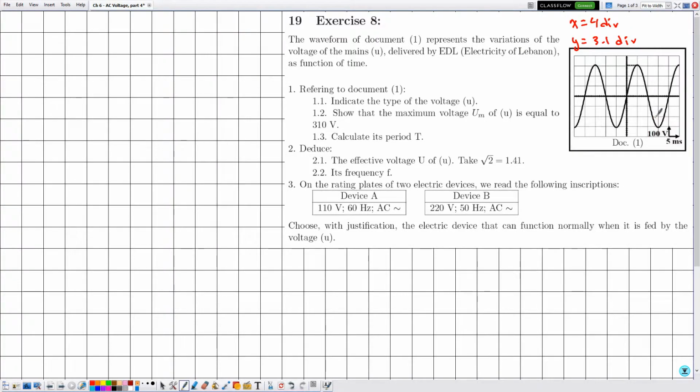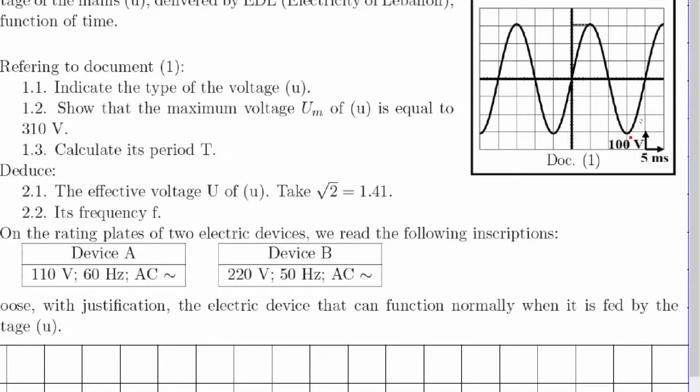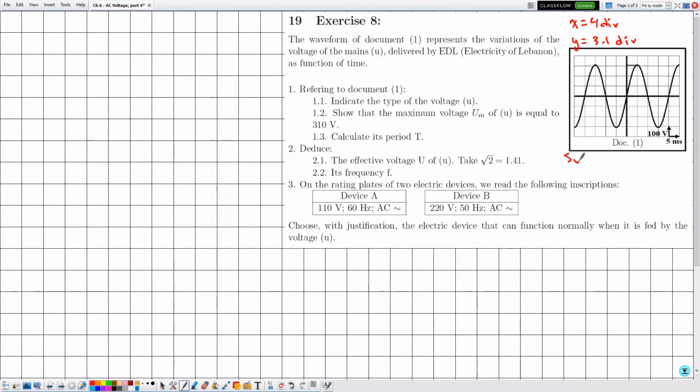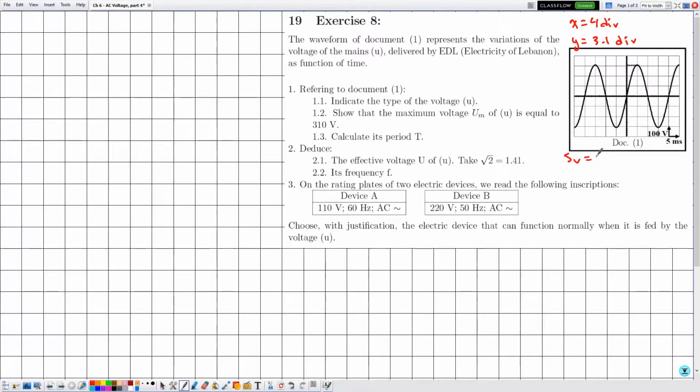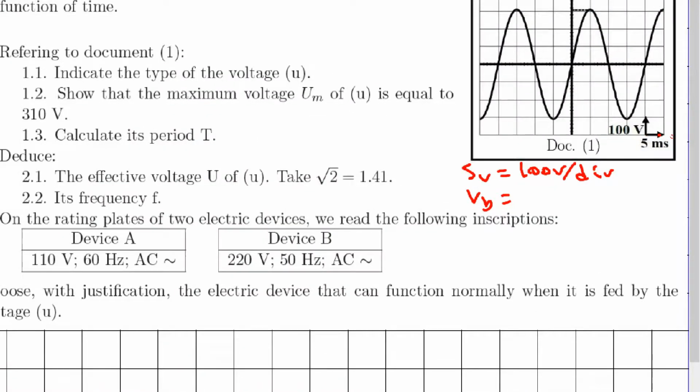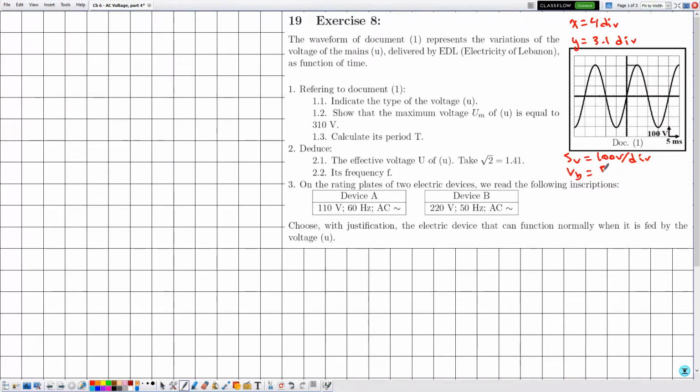Moreover, we can extract the values of SV and SH by referring to this scale. SV, which is the scale along the vertical axis, is given by 100 volts, knowing that this corresponds to 1 division, so per division. As for SH, the scale along the x-axis, it is given by 5 milliseconds, knowing that this corresponds to 1 division.